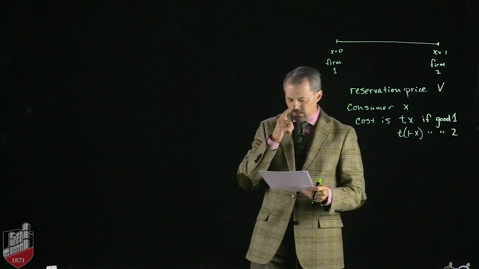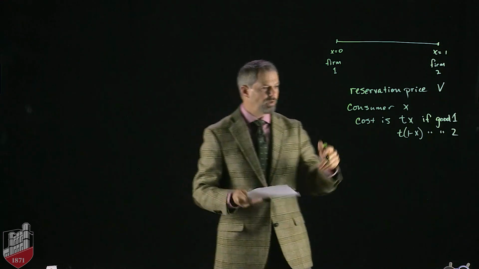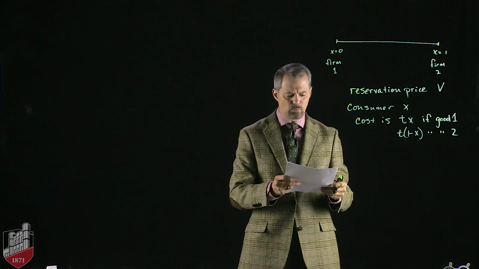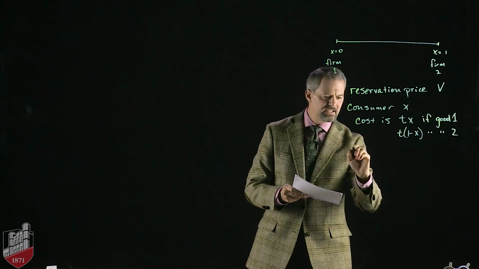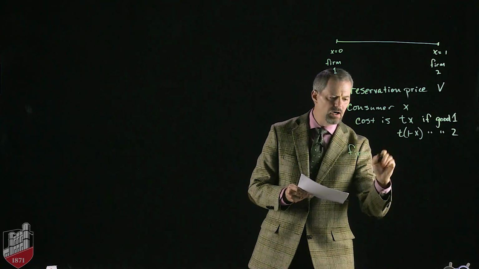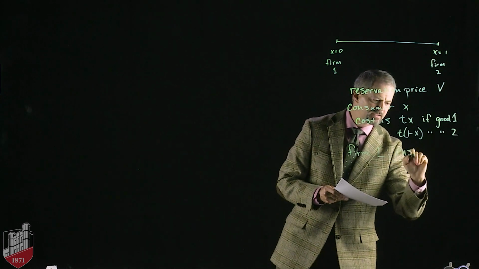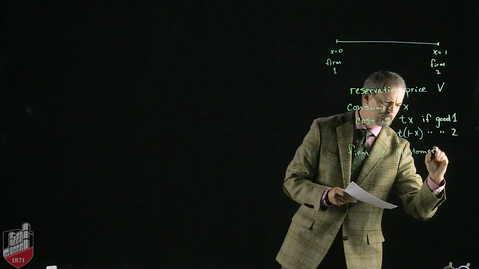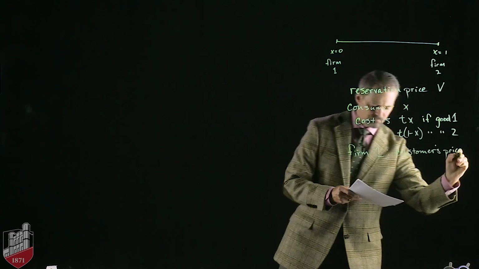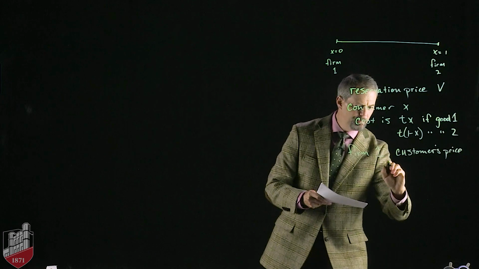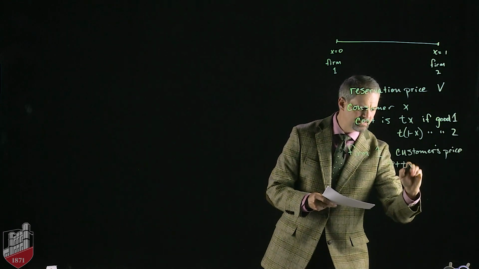Now, what we want to do is we want to say, what's the price that the customer would pay if they buy from firm 1? So in the case of buying from firm 1, the customer's price would be equal to P1 plus TX.